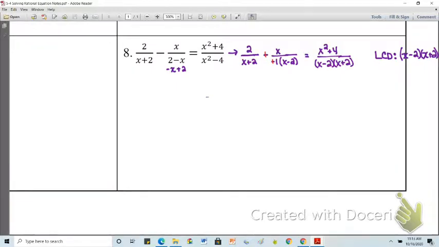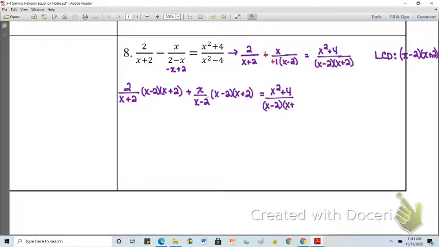So let's take a look at this problem. And now let's do our reducing.